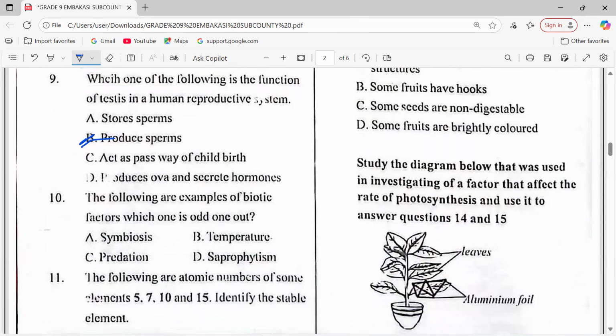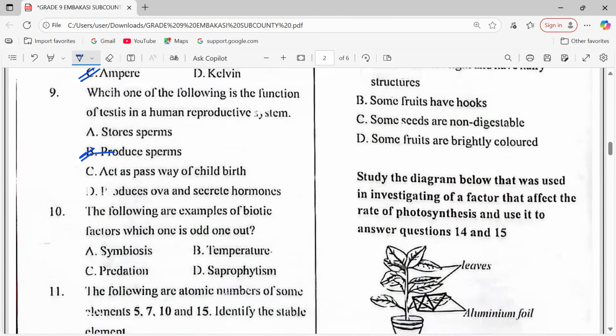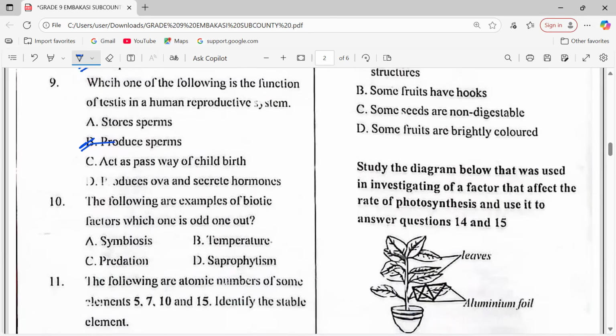We also have part C, acting as a pathway for childbirth. That is the work of the vagina, which is in females. Produces ova and secretes hormones. That is the work of ovaries. So it is only B that fits the function of testes.